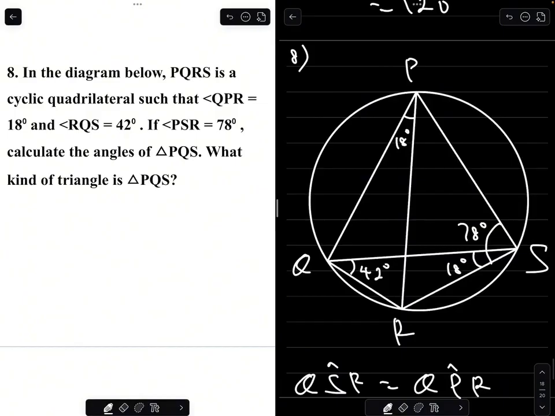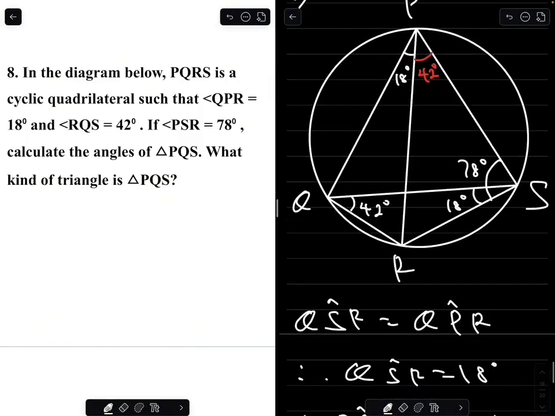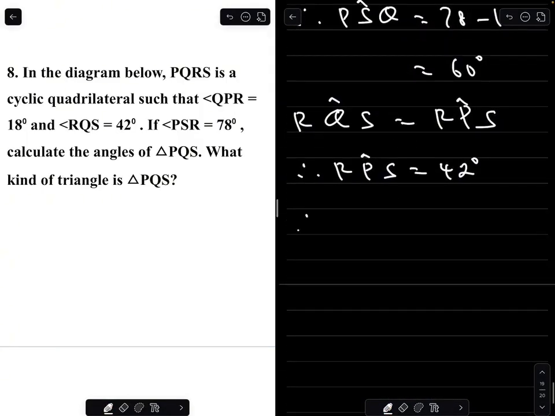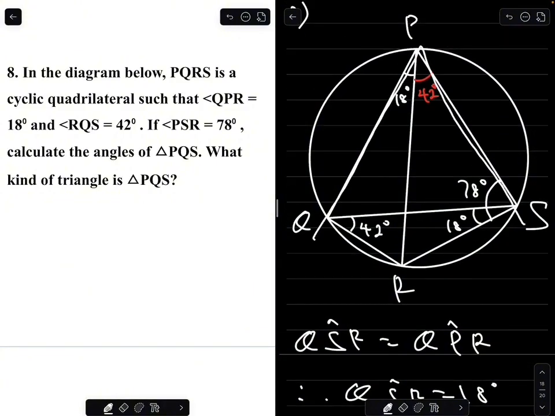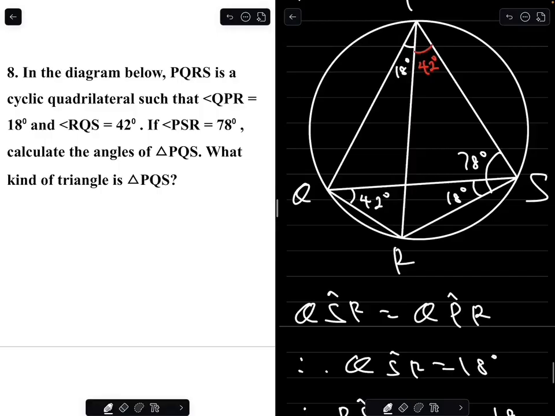Now, if we know angle RPS, then it means we already know angle QPS in triangle PQS. So we can now say, therefore, angle QPS in triangle PQS will be equal to 18 plus 42 degrees.